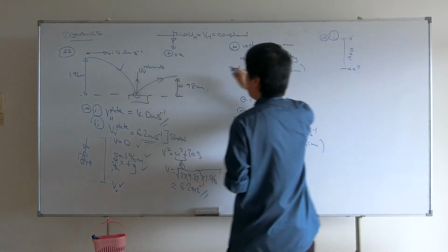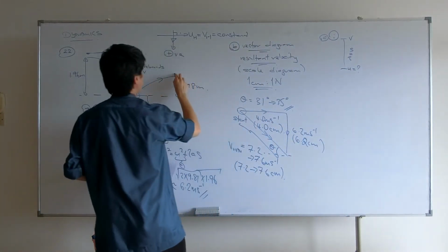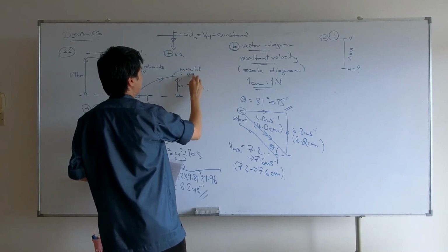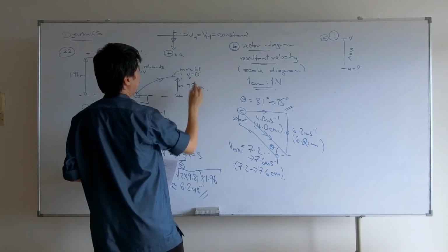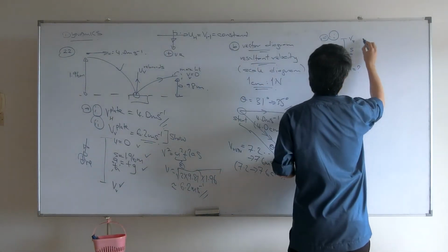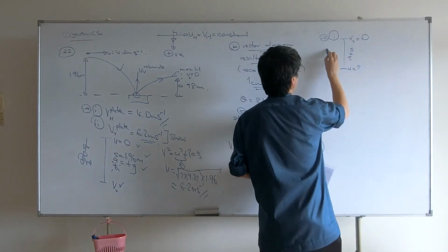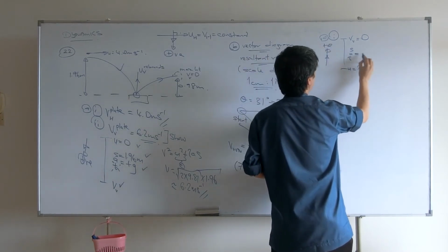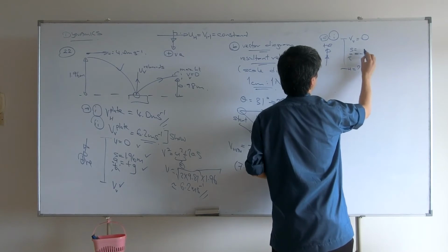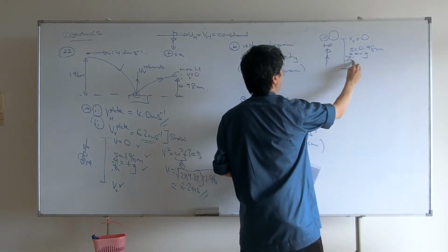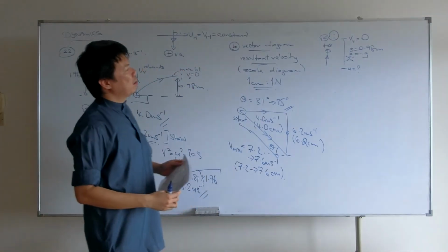V, remember, this is when it's at maximum height. That means your V here will be equal to your vertical velocity, so V equal to 0, direction upwards to be positive. That means A equal to minus g, S is equal to 0.98 meters. We don't need t. Okay?